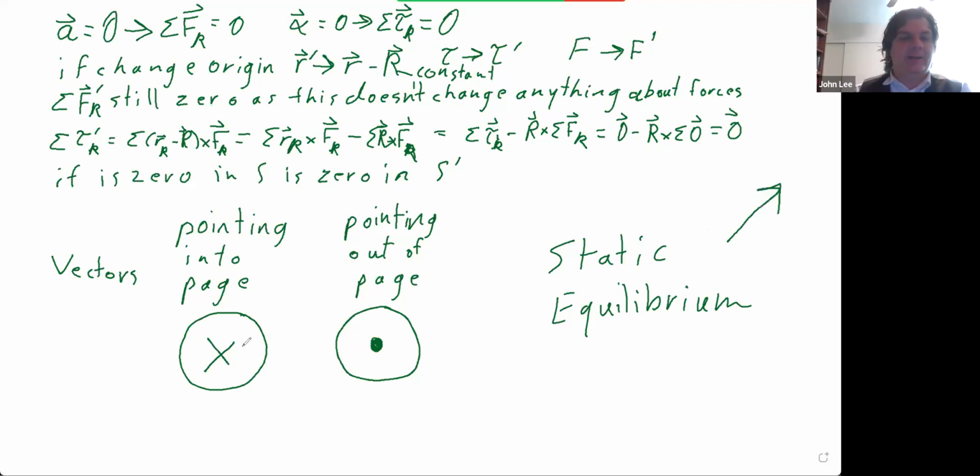But if part of it is pointing into the page, then we use this circle with a cross in it. And if it's pointing out of the page, we use this circle with a dot in it because it's supposed to look like an arrow that's being shot.